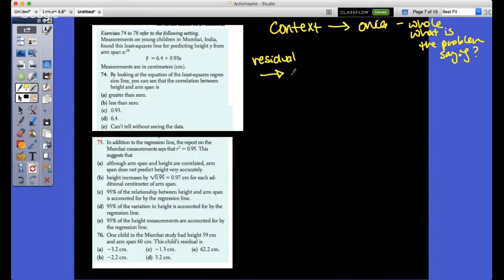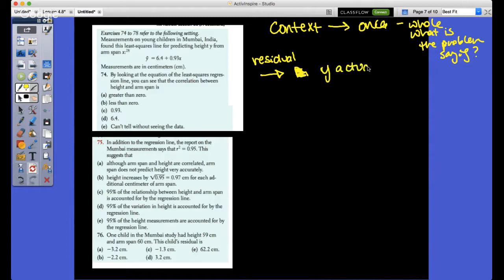Residual. So, Coach, what does residual mean? Residual means the distance. It's hard when there's not a problem, and I was talking about it earlier. If I have, now again, you're going to make this pretty, okay?